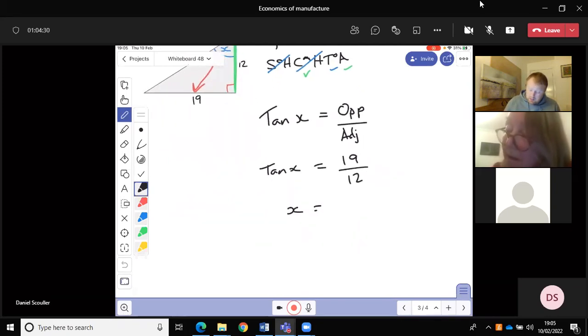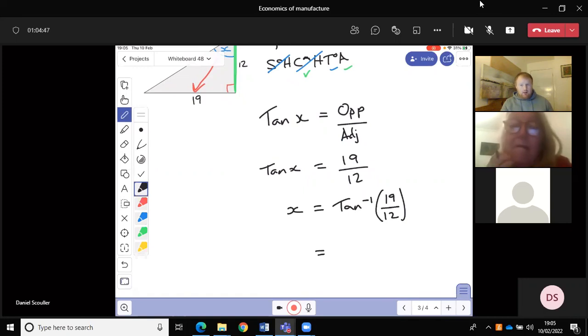x is going to be tan to the negative 1, and then in the brackets 19 divided by 12. So remember the brackets there. Shift tan should show on your calculator as tan with a wee negative 1. Put the bracket in, 19 divided by 12, equals.